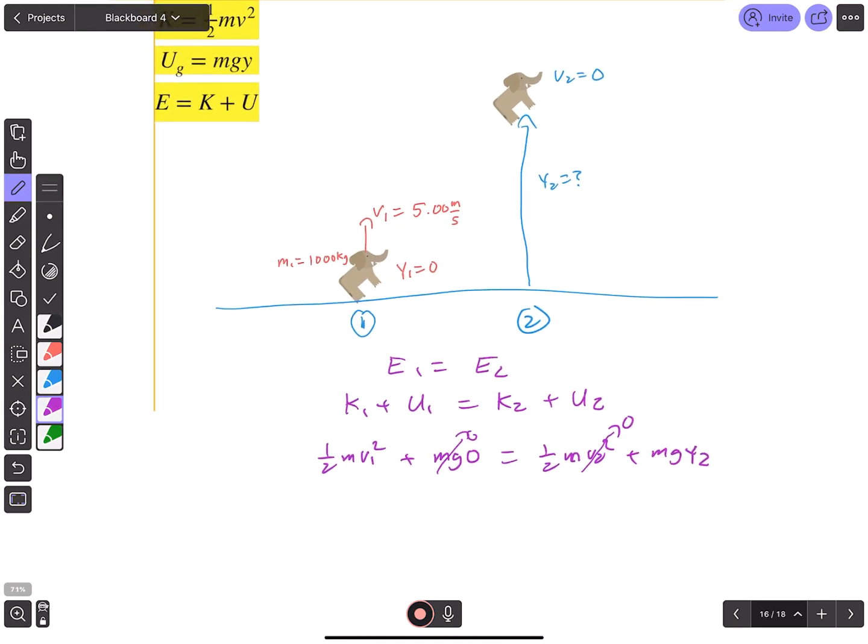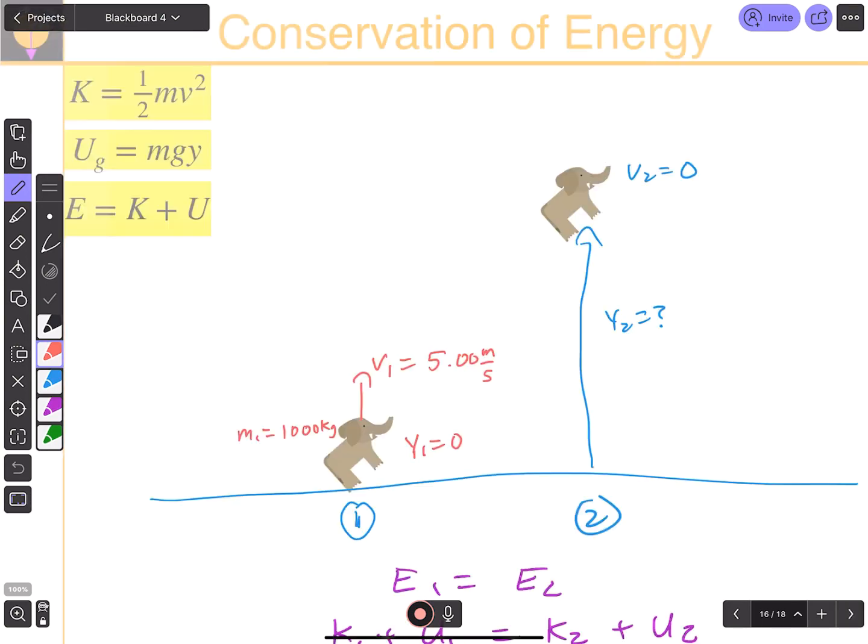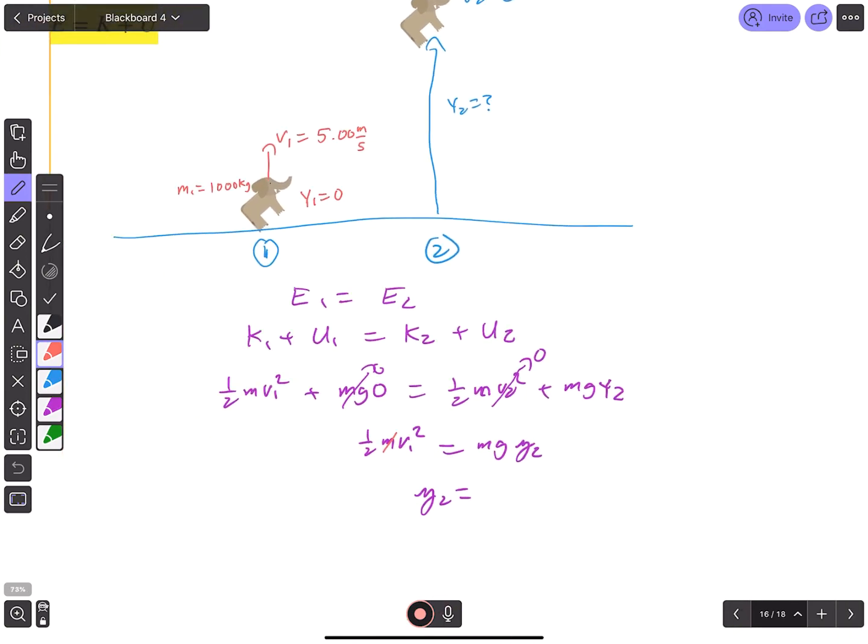So that simplifies things a little bit. 1/2 mv1 squared equals mg y2. Solve for y2. You notice that the m's cancel away.